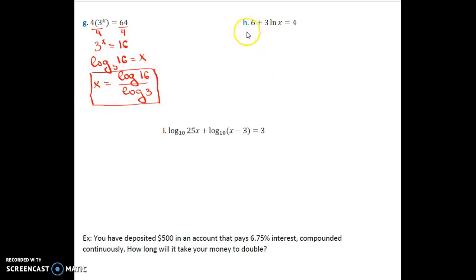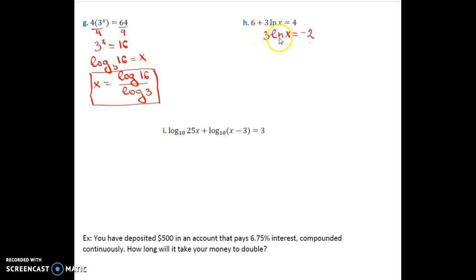For the next problem, it looks like the natural log of x is also not all by itself. We are going to get started by solving for this whole thing, ln of x. The first thing that I need to do is subtract 6 from both sides. That gives you 3 natural log of x is equal to 4 minus 6, which is negative 2.